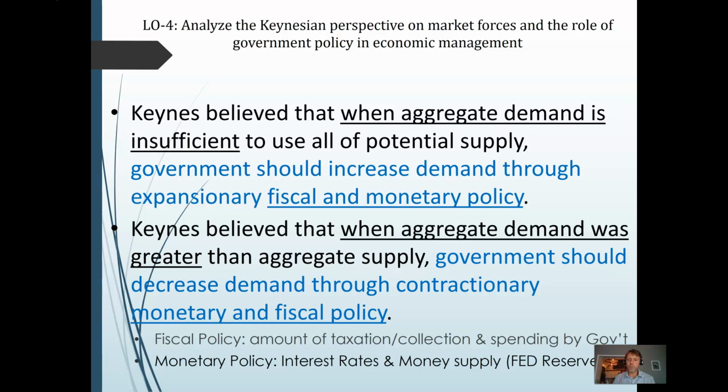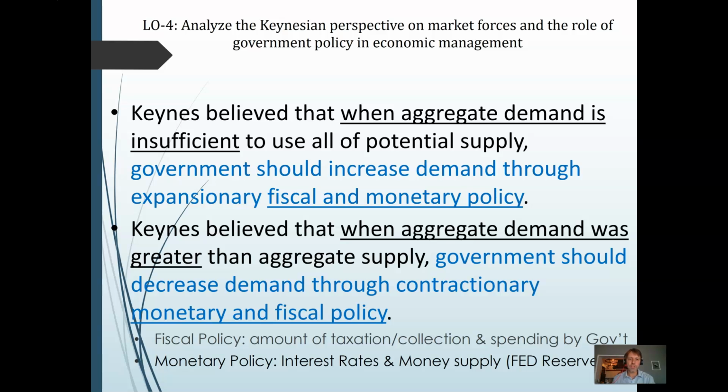And do we spend more or less? How much is the government's budget? And so we can increase demand by decreasing the amount of taxation, leaving it in the hands of people and businesses to spend, or we can increase our budget as a government, even if that means borrowing and going into debt.